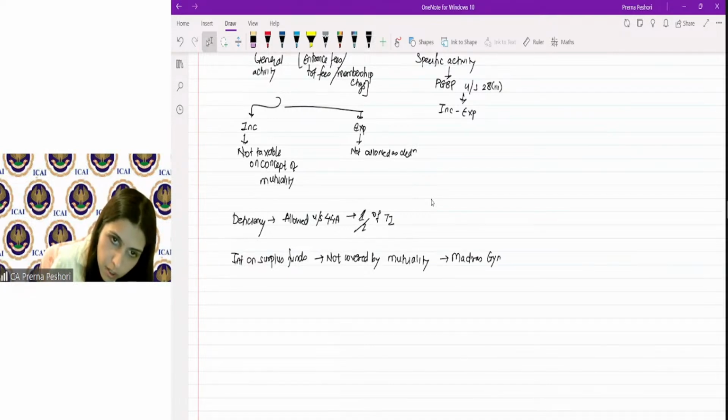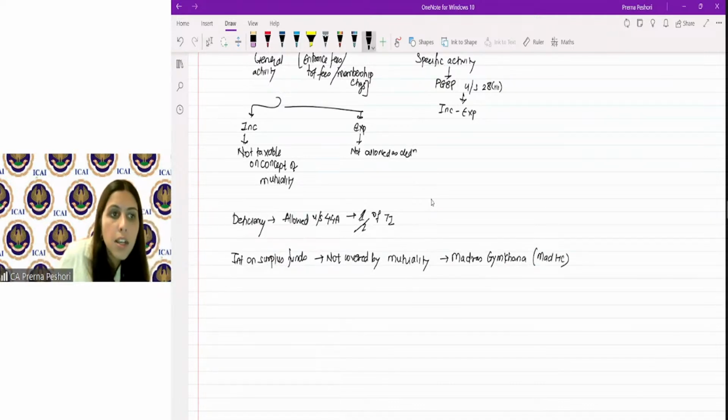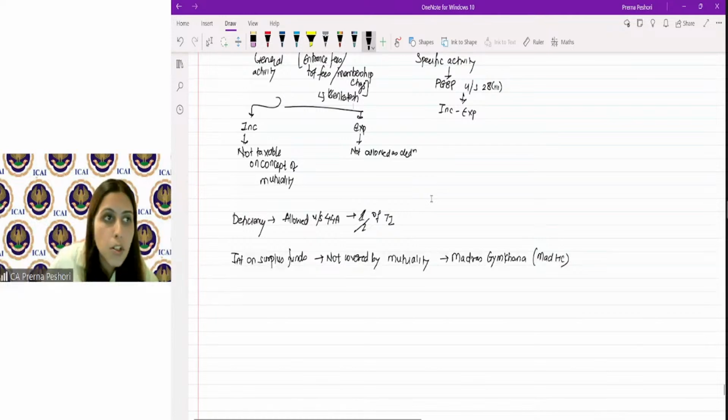Madras Gymkhana case. Madras High Court. Okay, and then transfer fees, membership charges are governed by the principle of mutuality. This is as per the judgment of the Supreme Court in the case of Venkatesh Premises Cooperative Society.